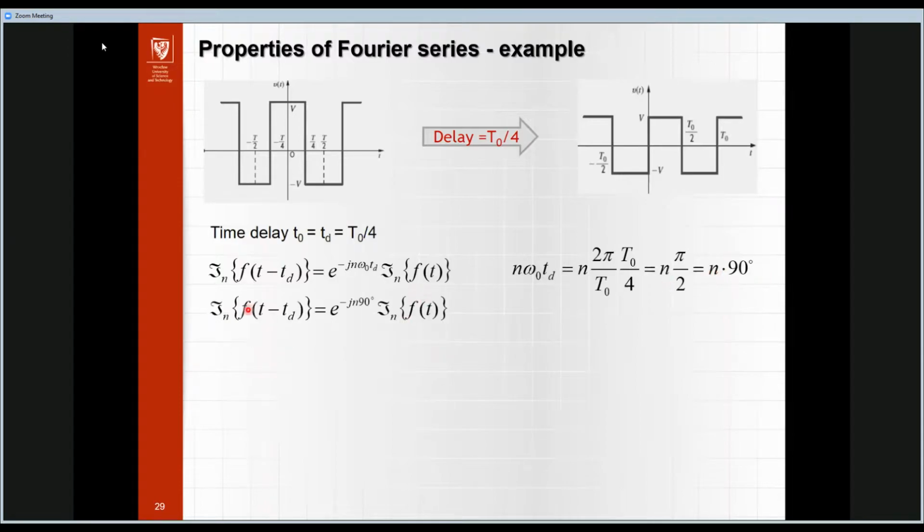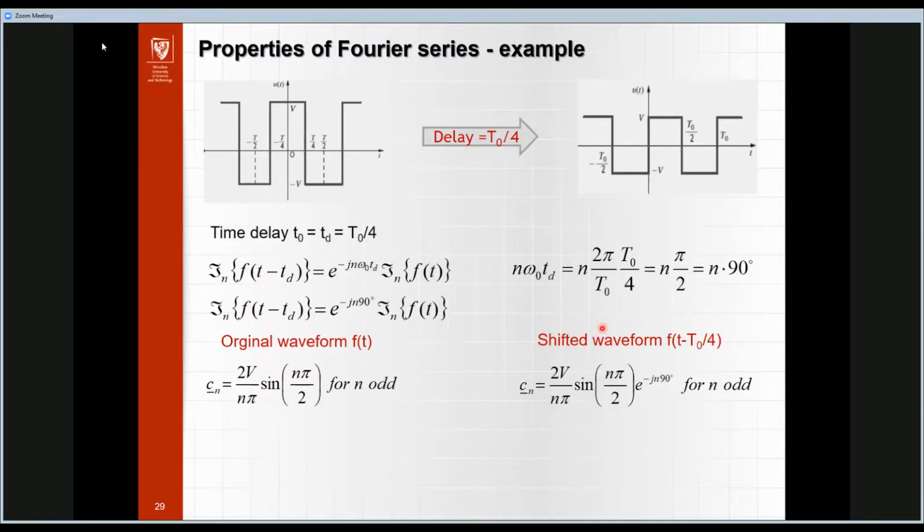So we know that the coefficients from the original function we can multiply by this factor. The original function is here, and the shifted waveform should be in this form. So we see the coefficients.